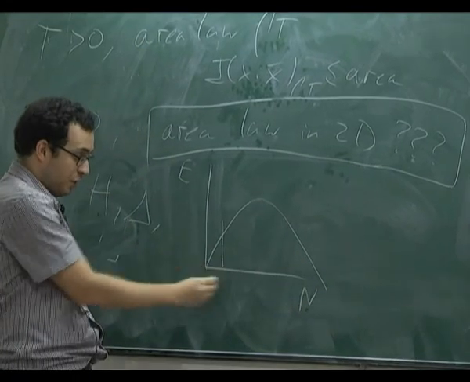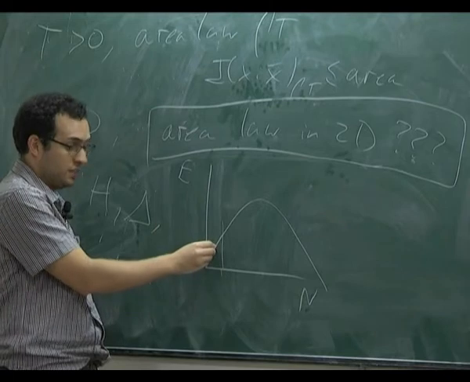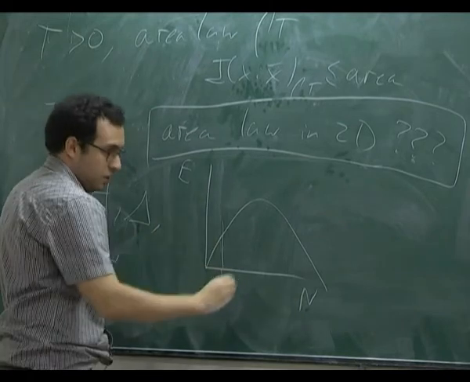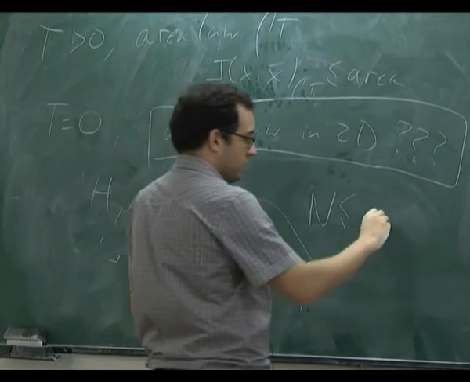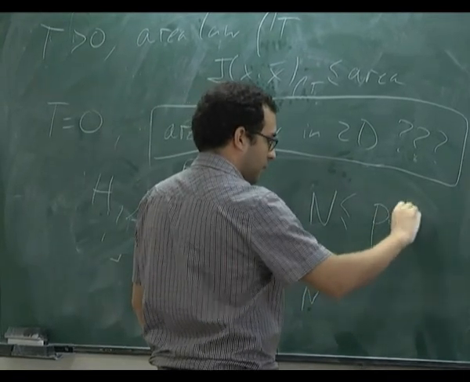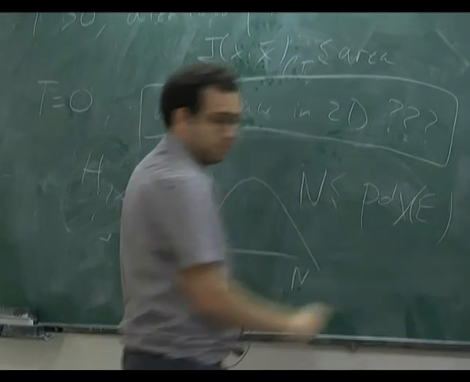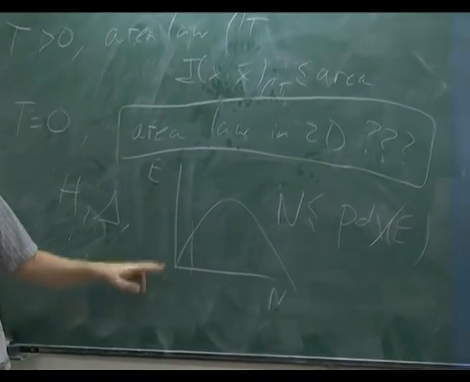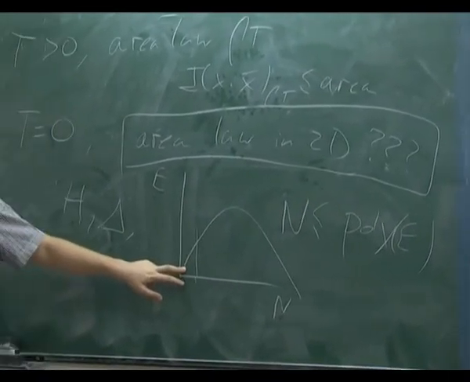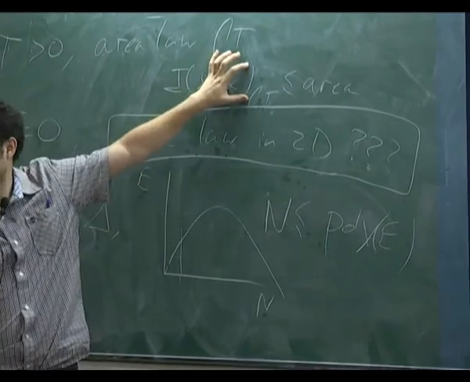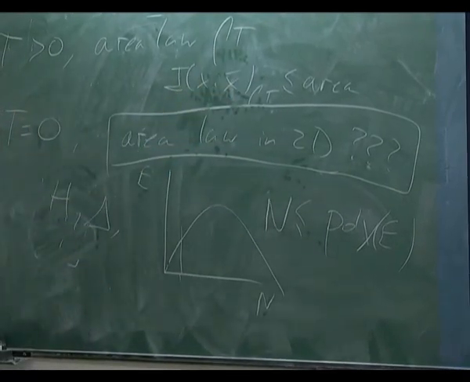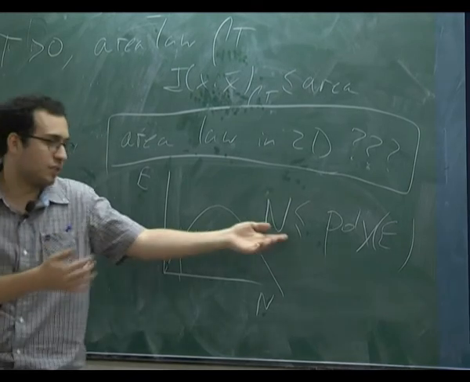And you're interested here, very close to the ground state. You want that n only grows as a polynomial in the energy, so you don't have a lot of very low lying states that generate ground states. If this is the case, you can use this result to get an area law for the ground state as well.